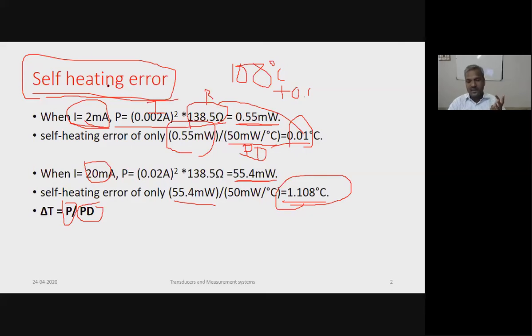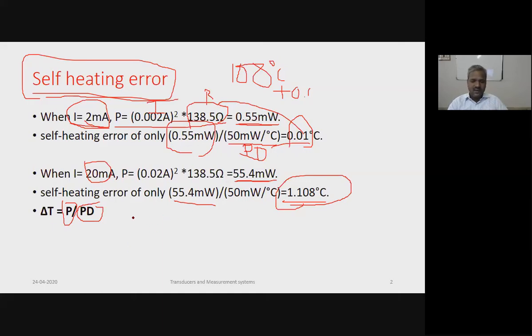The first specification is the temperature coefficient of RTD, that is 0.0038 to 0.004. Next is the self-heating error, that is the dissipation constant. Next is the sensitivity of RTD. Sensitivity is very simple.